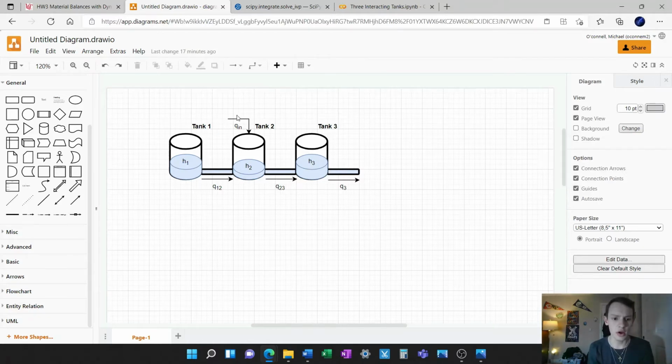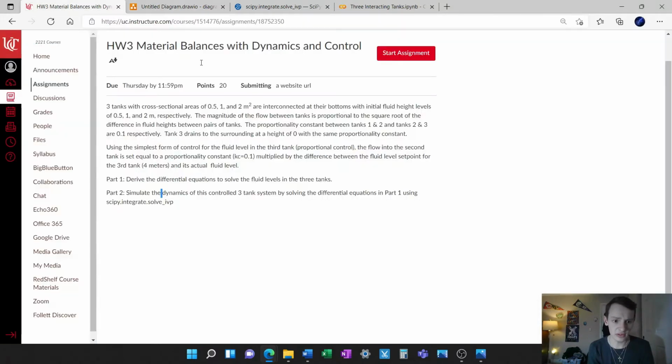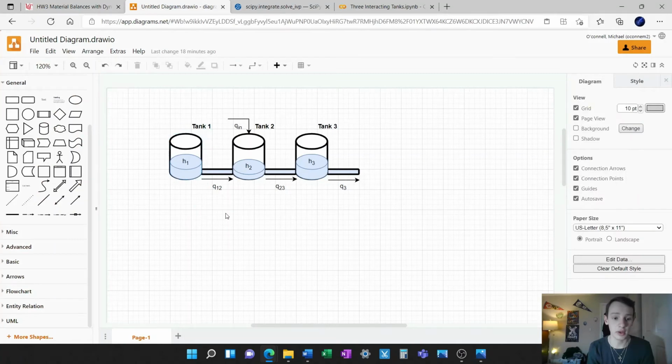Okay, so for tank 1, they gave us this cross-sectional area, 0.5, which I don't really care what it is right this second, but we know that there's some cross-sectional area. That's not going to change. And then we have the height of our fluid. So that's our volume. Our volume is the product of the cross-sectional area and the height.